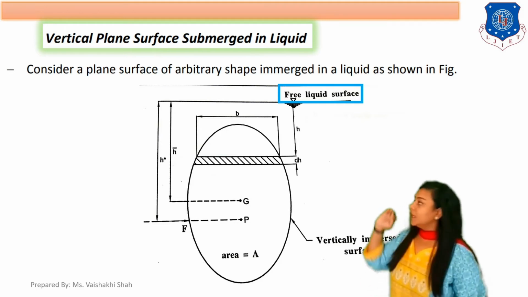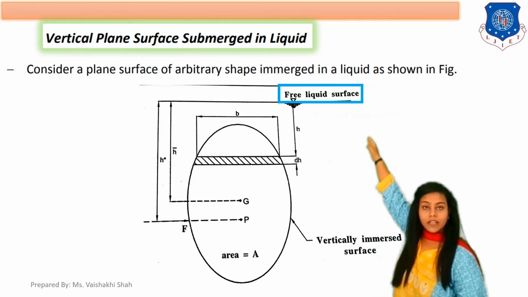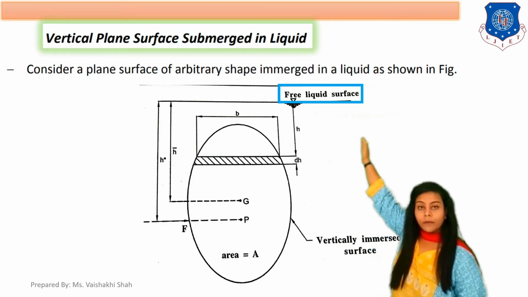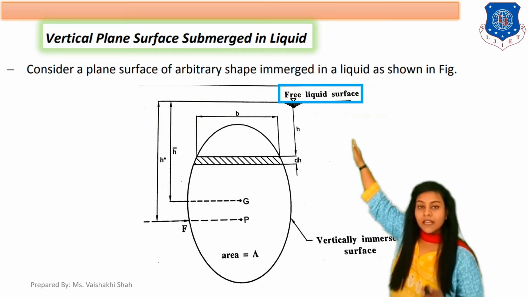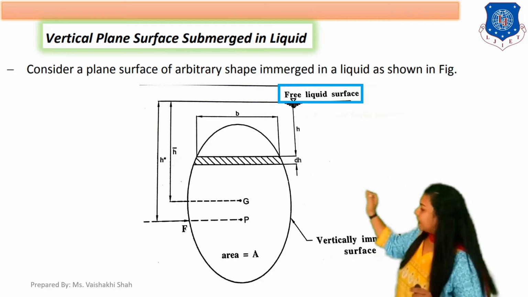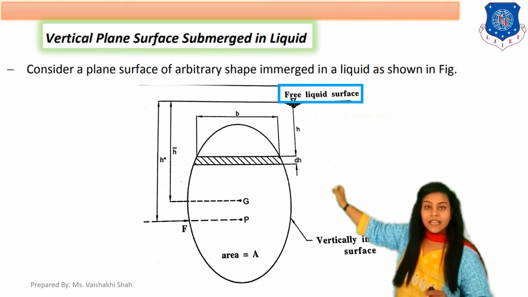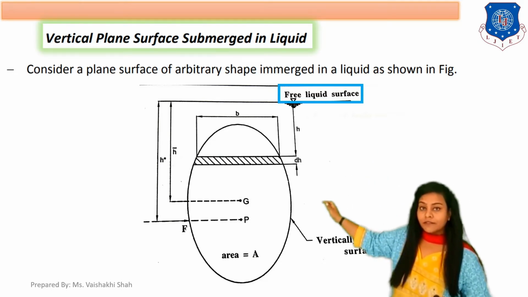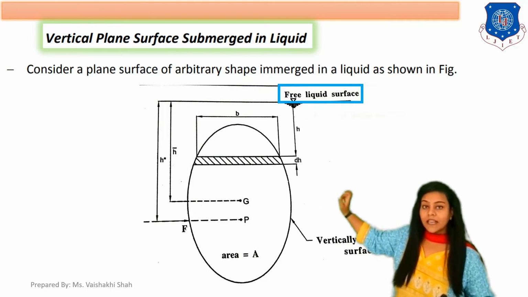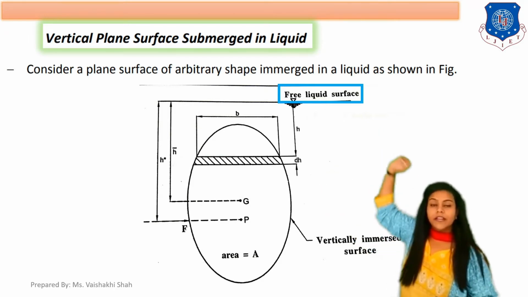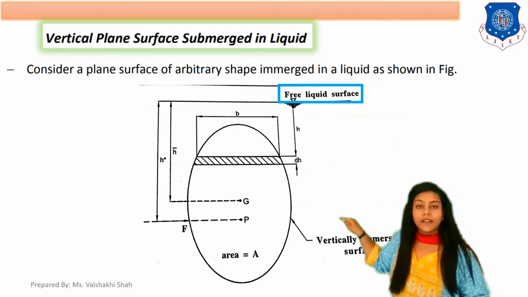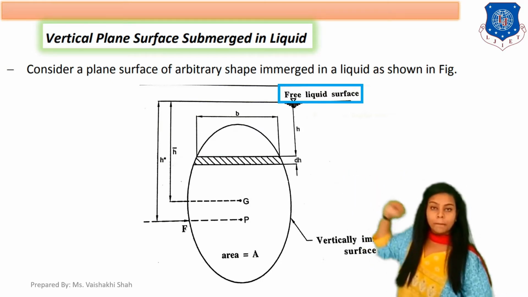Okay. Now we are considering free surface of the liquid here. Now from the free surface, distance of center of gravity is what you can see, h bar. From free surface of the liquid, distance of center of gravity, that is h bar.